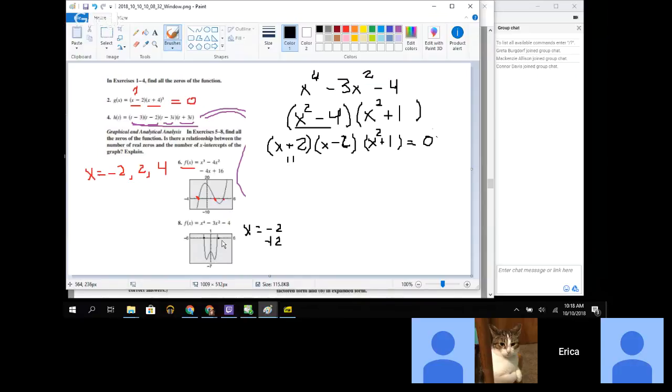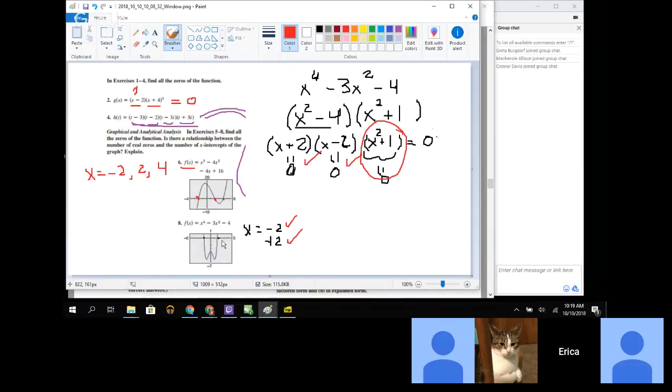So either this has to equal 0, this has to equal 0, or this has to equal 0, right? These two, the first two, are already shown on my graph. I already said I have a 0 at x equals -2 and a 0 at x equals +2. But what about this last one here?